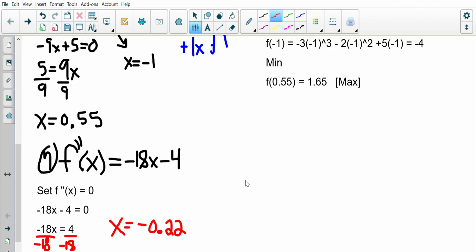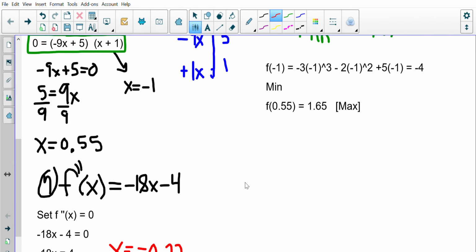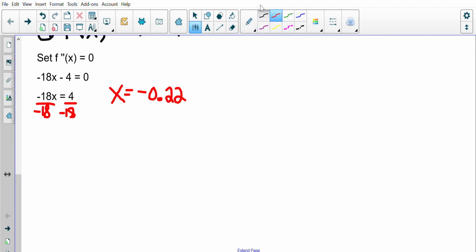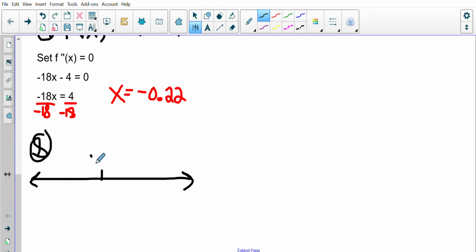All right, so let's see here. Where do I want to graph? I guess we'll go down here. So now I've got to do step 8. Let's see if it's a possible inflection point. And we're also going to find out where our graph is concave down and concave up. So here's my line. I have an x value here of -0.22.